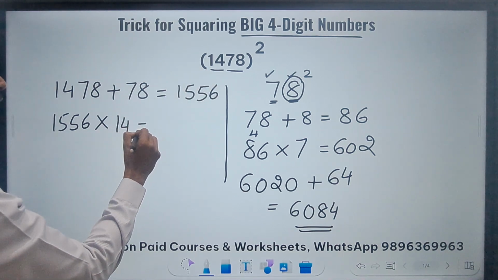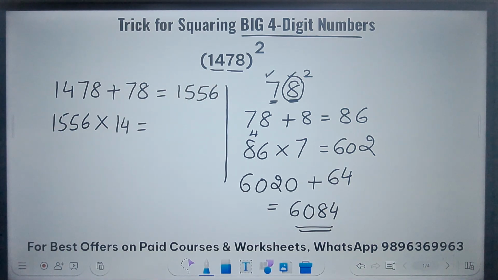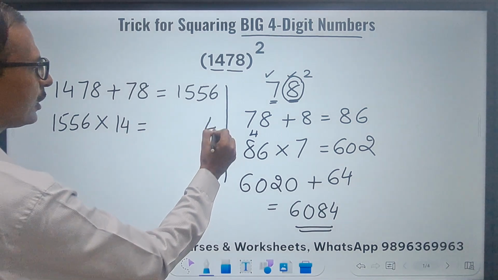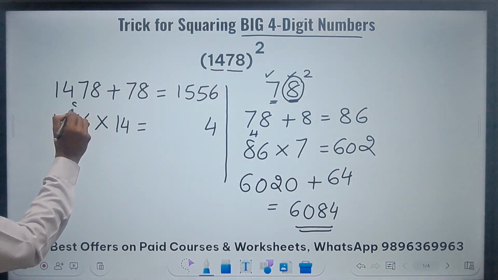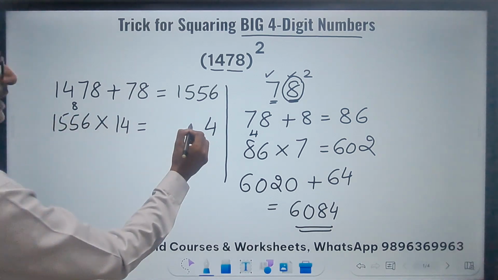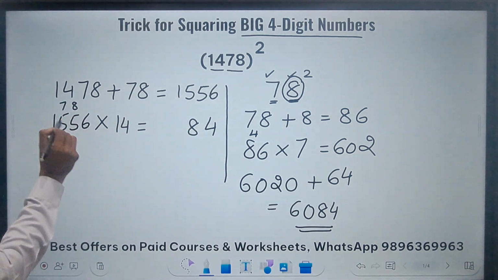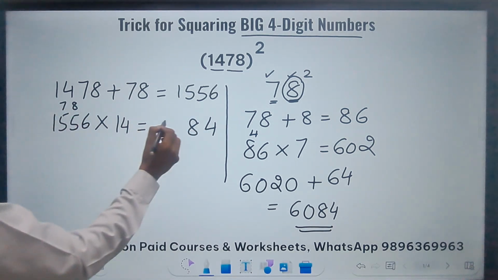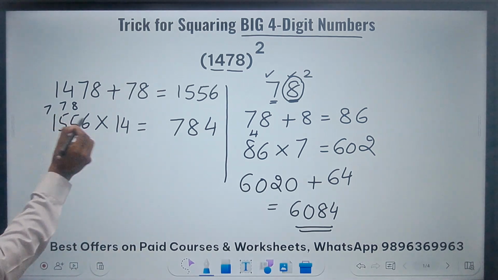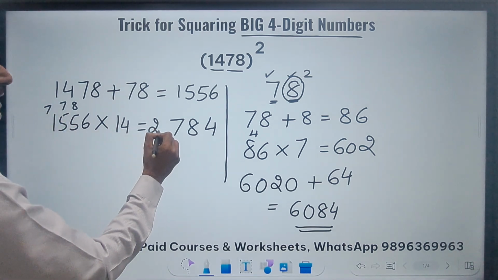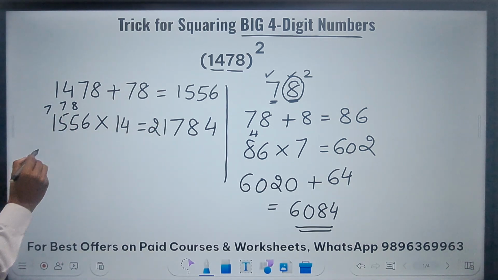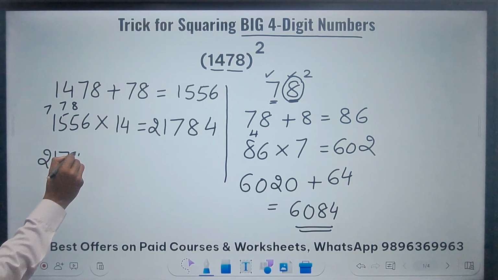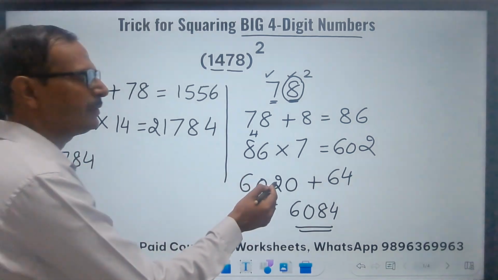So you should know your 14 times table now. 14 6 times is 84, so 4 and 8 carry. 14 5 times is 70, 78 means 8 and a 7 carry. 14 5 times is 70, so 77 means 7 and a 7 carry, and 14 plus 7 is 21. Now 21740.